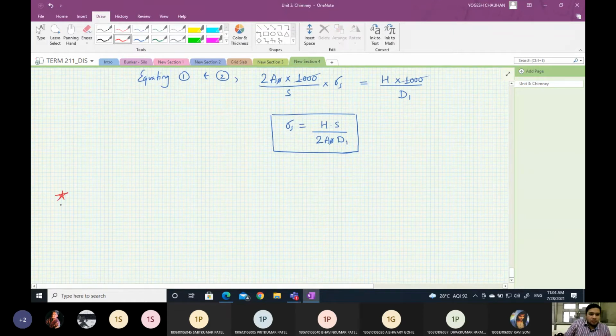Okay. Next is the temperature stresses. We have seen the stresses due to the self weight, due to the moment, due to wind load, and now we have seen the stresses due to the horizontal shear, and now we will see the temperature stresses.